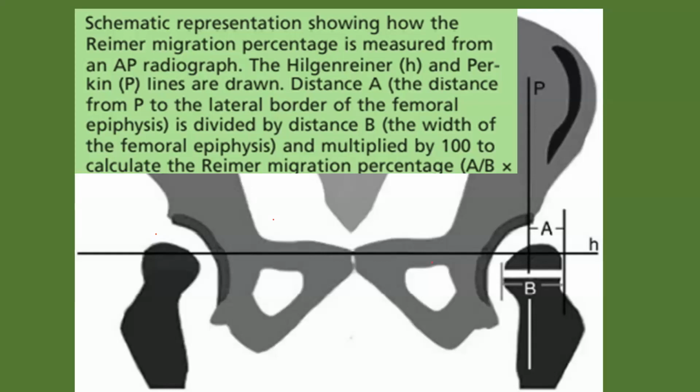And you have another line drawn from the inner margin of the head, again perpendicular to Hilgenreiner's line. If the distance A over B is more than 50%, surgery should be considered very seriously.